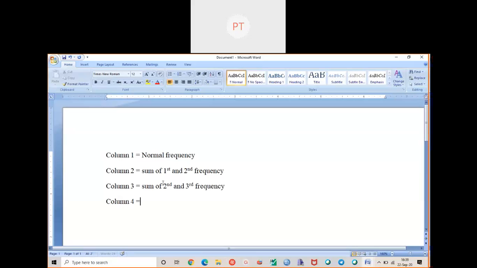Now we have column number 4. This column number 4 is the sum of the first, second, and third frequency.